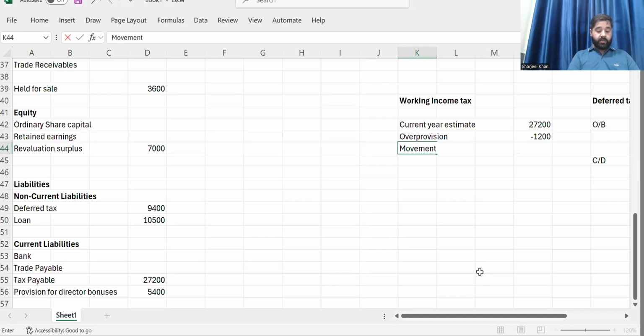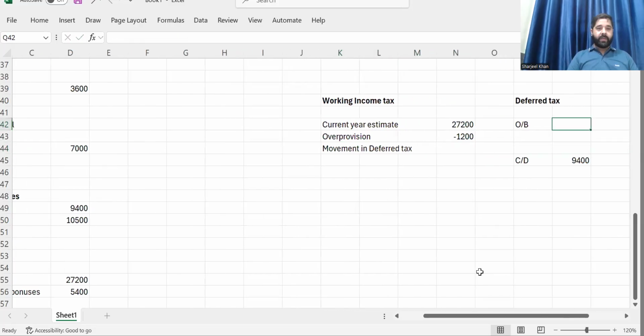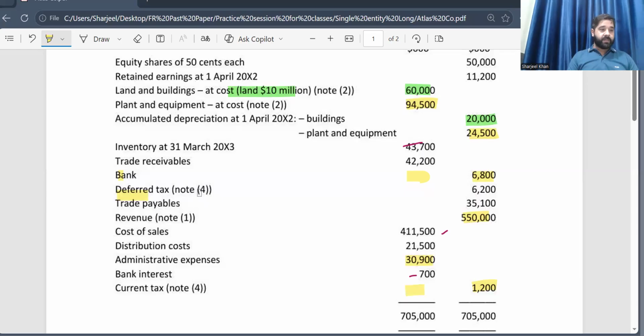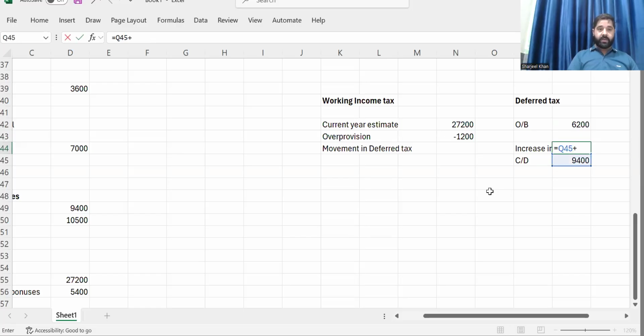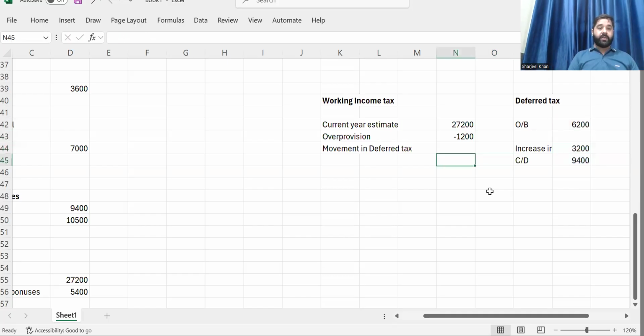Now, movement in deferred tax. So the opening balance is already given here, deferred tax, note number 4, which is 6,200. So it is an increase in deferred tax. How much is the increase? It is 9,400 minus 6,200. The increase in deferred tax is 3,200, and it will increase your income tax expense.